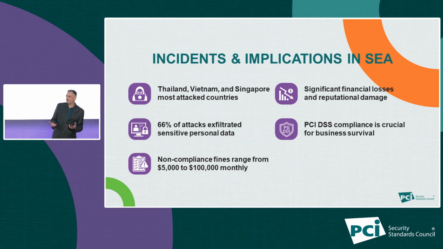Now, the objective of a cyber attack against a company is typically not about data destruction. It's about theft of data. Data has value. It can be sold on the dark web for substantial sums of money. They can hold your data to ransom in the case of a ransomware attack. So the objective is to obtain your data.